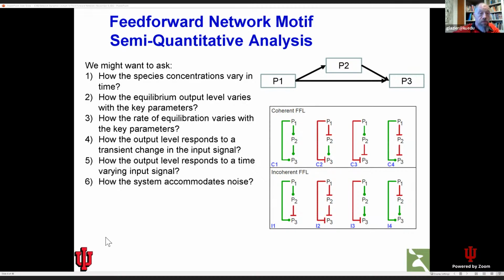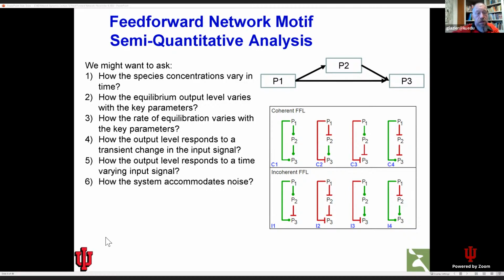How does the level of P3 change as the equilibrium as a function of P1 is the obvious one. How does it depend on the parameters? But these kinds of networks typically have particular temporal behaviors. And so looking at the steady states is not usually enough to really understand what they're doing.